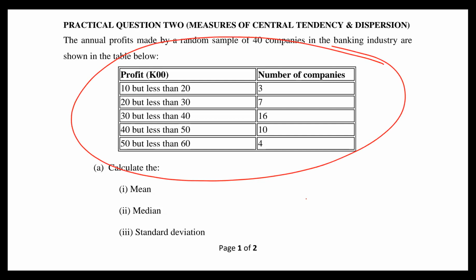So we taught you how to handle ungrouped data. Now we are also showing you how to handle grouped data. How do you do the computations for the grouped data?